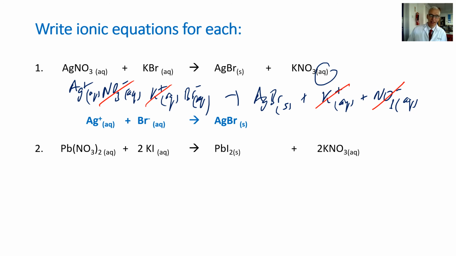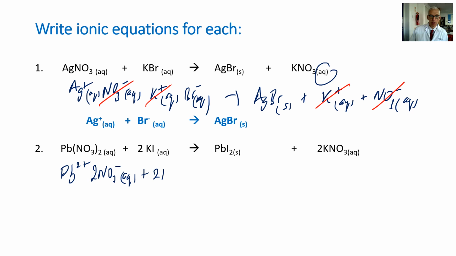Now, if you didn't get that right, perhaps pause the video and have another go at problem number 2. Otherwise, I'm going to go through number 2 myself right now. So, lead nitrate is of course ionic and soluble. Now I can write 2 there in front just to quantify the numbers of nitrate ions.